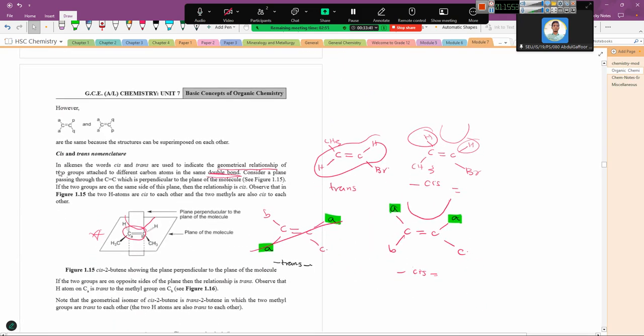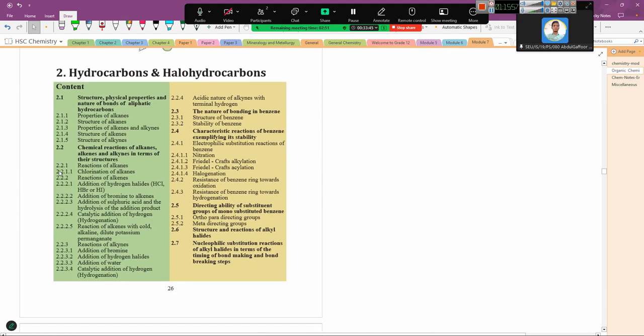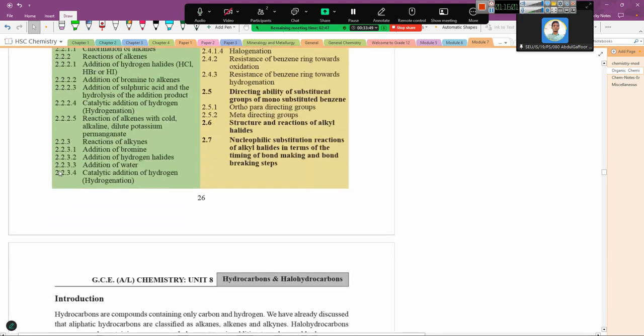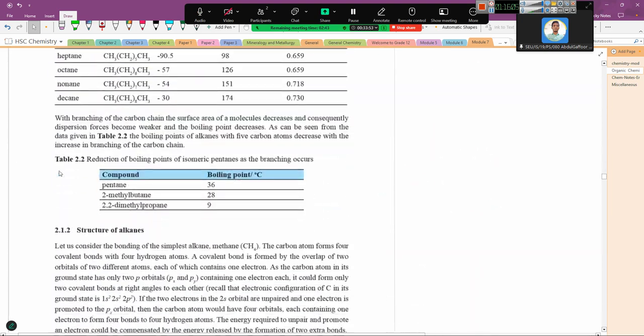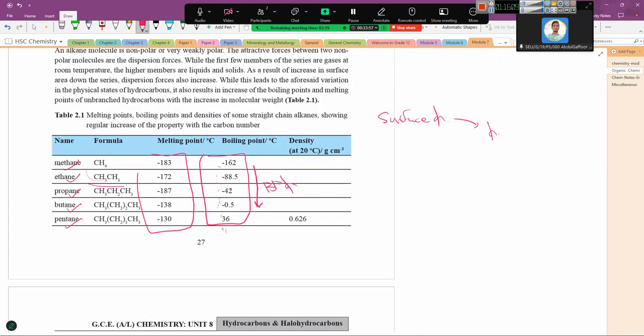Okay, now is that clear to you? Now we will go ahead with hydrocarbons and halohydrocarbons, right? Did we study this already? I have annotated. Before that, we have to study about benzene also, but benzene we can come to later.